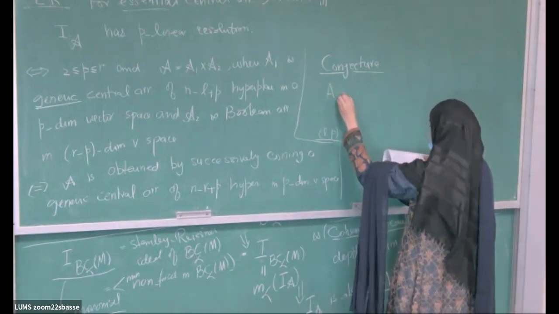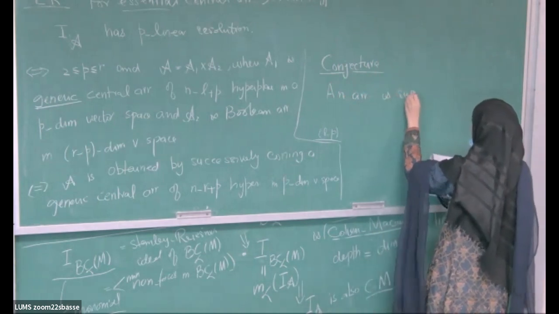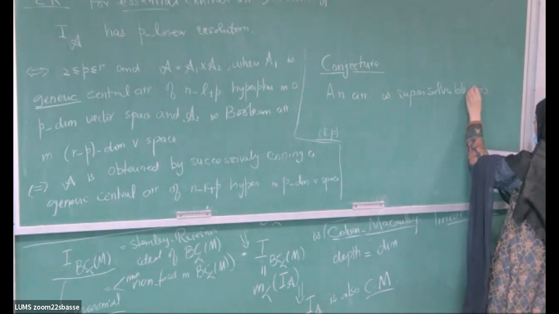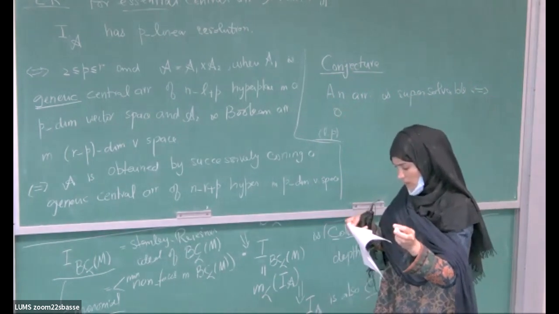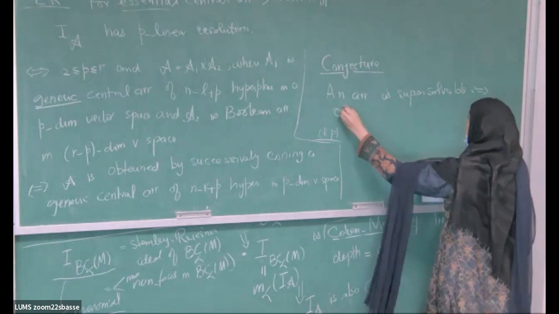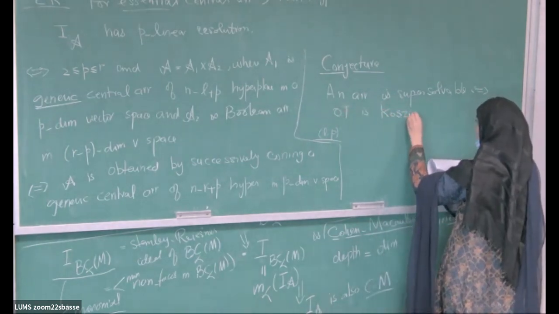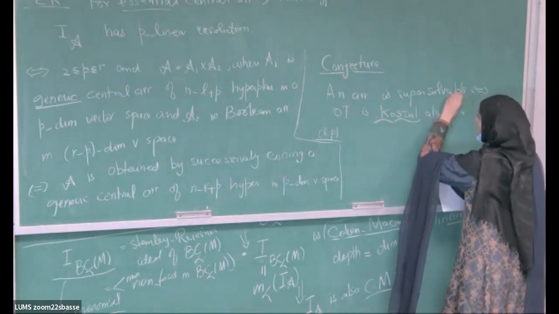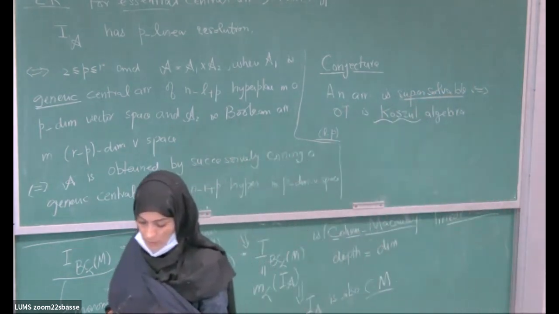So an arrangement is supersolvable if and only if Orlik-Terao, let me just see, Orlik-Terao is a Koszul algebra. I mean, this is another algebraic notion. Is it generated by binomials?